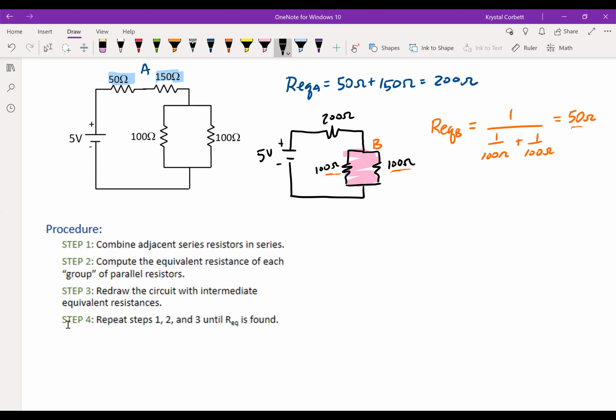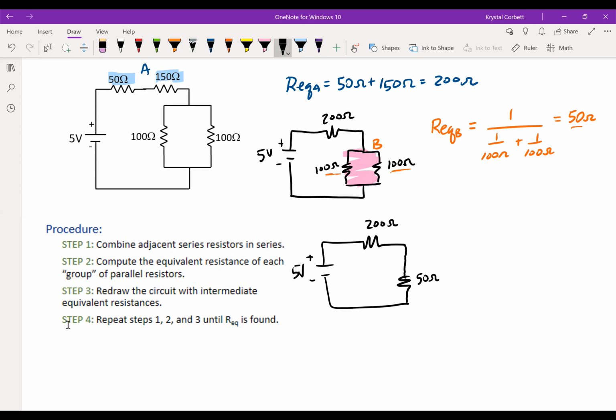So now that I have REQ of B, I'm going to redraw my circuit again. And now notice how redrawing that circuit helps me realize that this 200 ohm REQ of A and REQ of B are in fact in series with each other. So now I can repeat my steps. I can see, are there any adjacent resistors in series? The answer is yes.